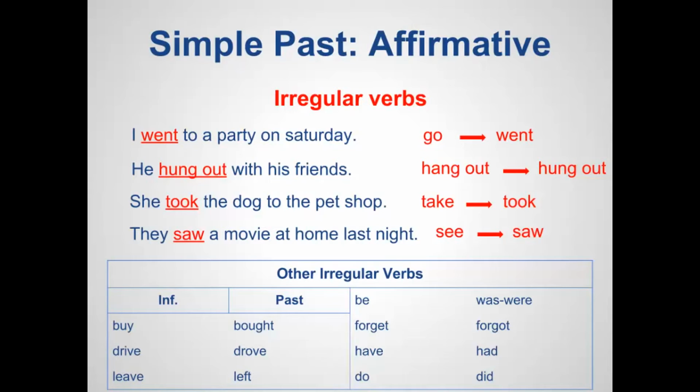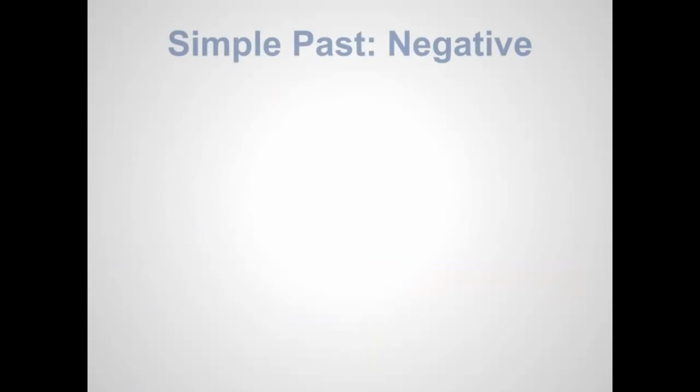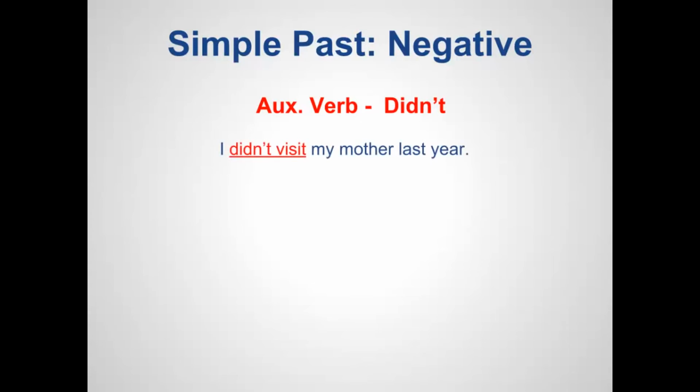Now, let's continue to the simple past in the negative form. We have to use the auxiliary verb, in this case, didn't. So let's take a look. I didn't visit my mother last year.